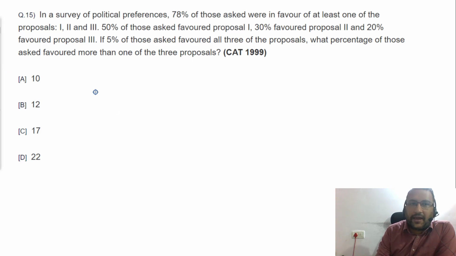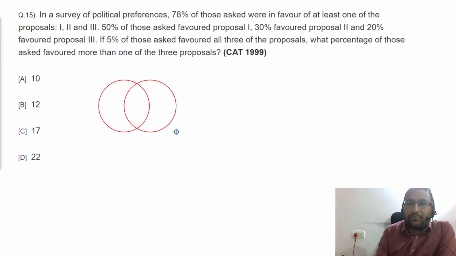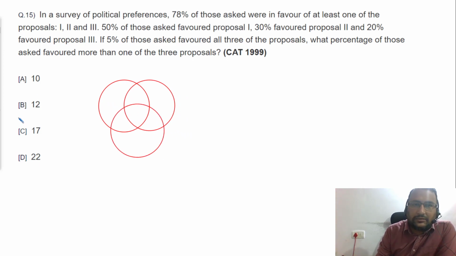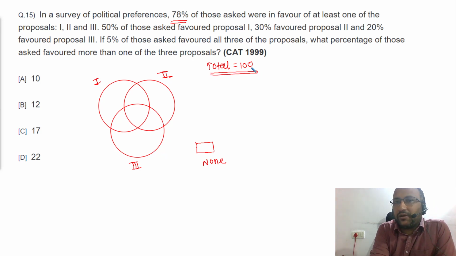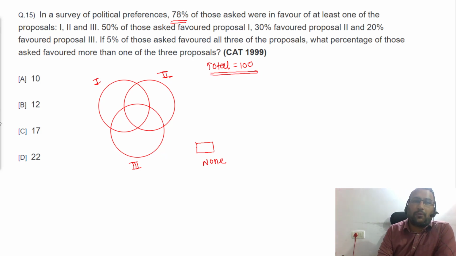So let's draw a Venn diagram here. The circles represent the number of people who favored proposal 1, proposal 2, proposal 3, and then none. Let's assume the total number of people is 100. Out of this, 78% that is 78 people favored at least one proposal.